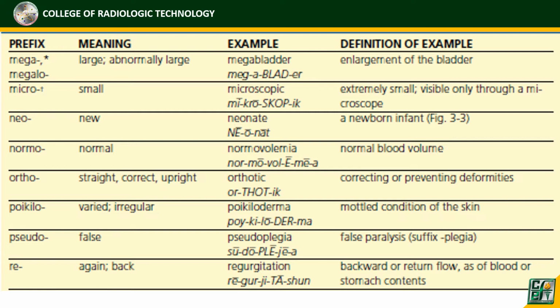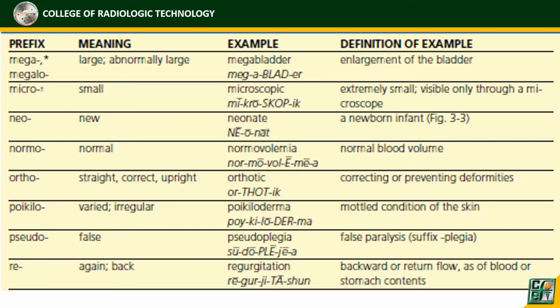Next we have micro, which means small. The example is microscopic, extremely small, visible under the microscope. Next we have neo, which means new.